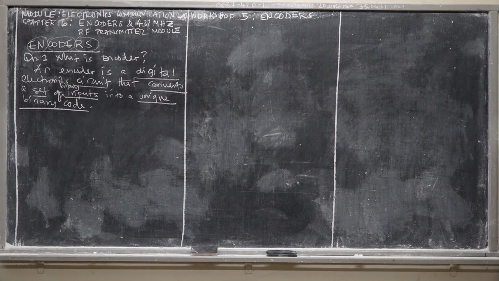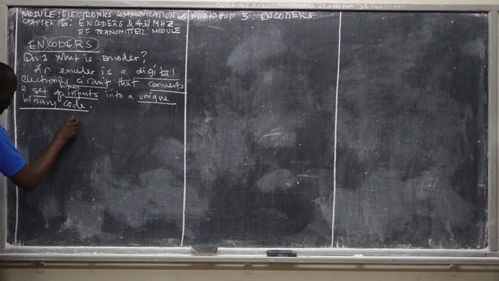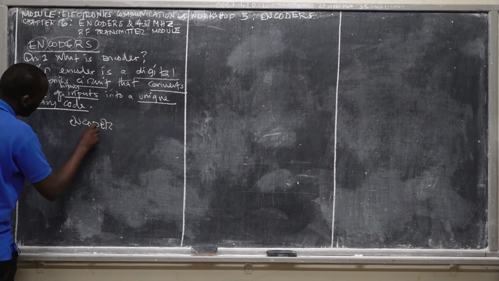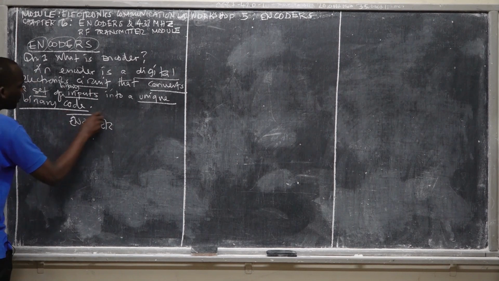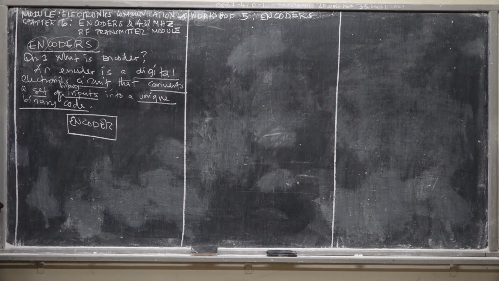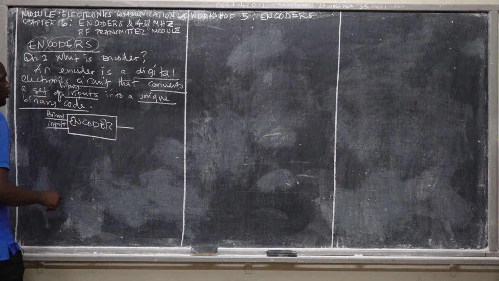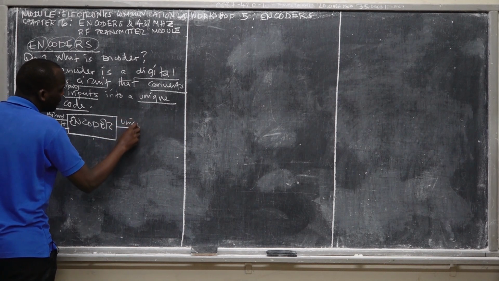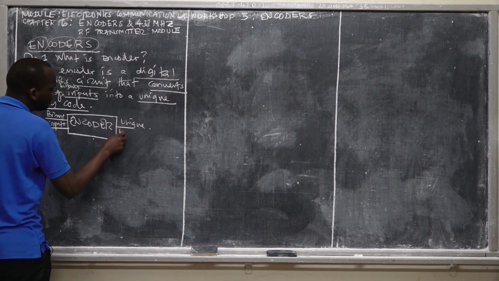Let me repeat. This is the digital electronic circuit, for instance, this is the encoder. Let me use a drawing to explain the concept. We apply binary inputs, and what we expect at the output is a unique binary code.